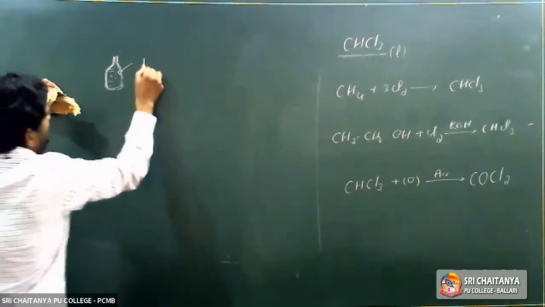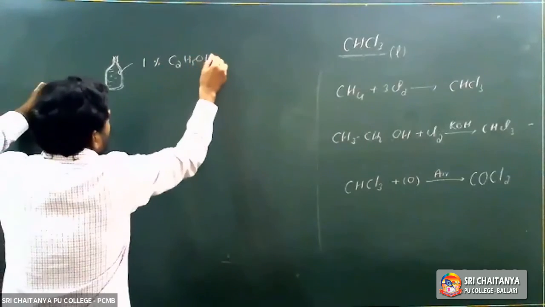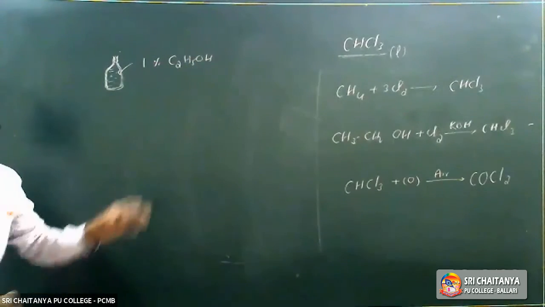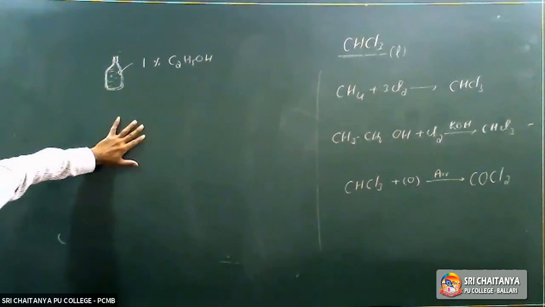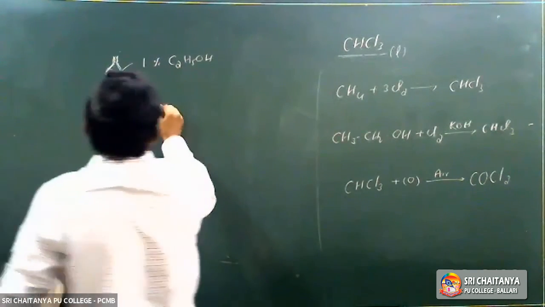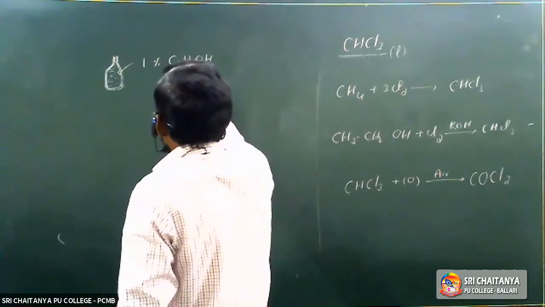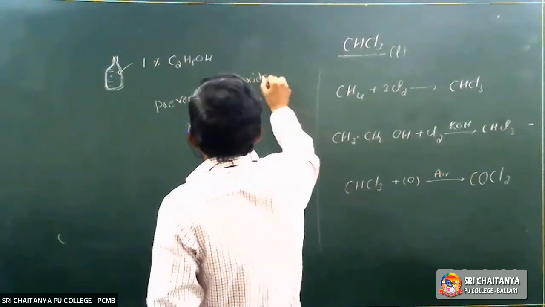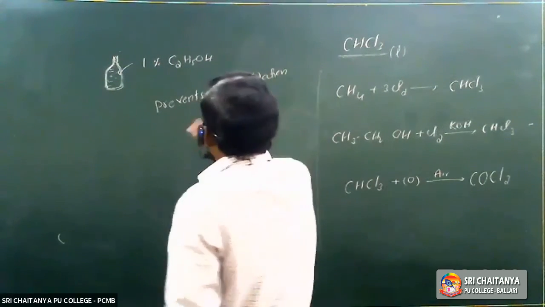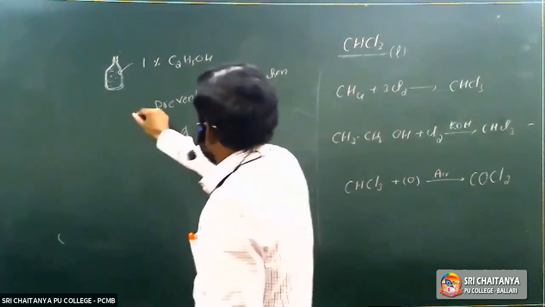Nearly 1% of ethyl alcohol is added in the storage of chloroform, because ethyl alcohol prevents the oxidation of chloroform. That is the first reason.